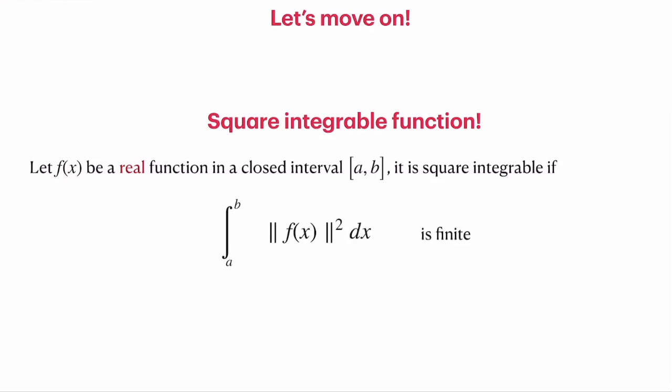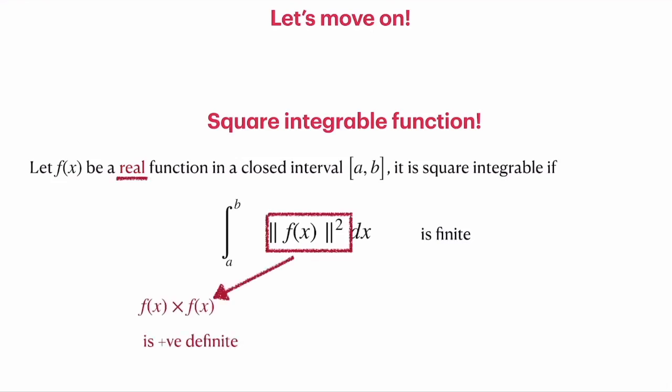That is what we call square integrable. Of course, real means f into f, it is always positive definite. Otherwise, finiteness can be a bit of a tricky issue. So we need a positive definite function.